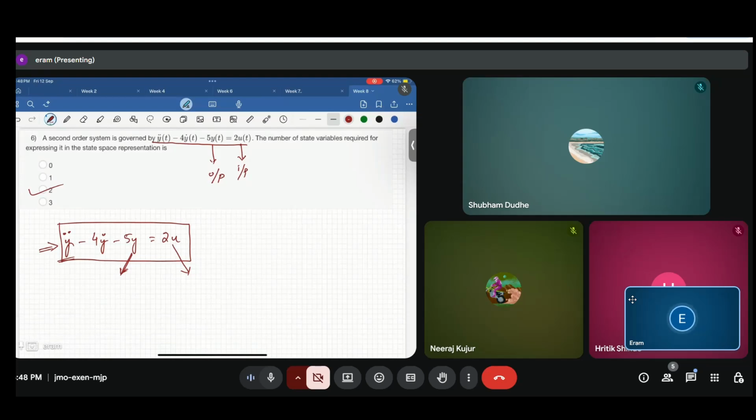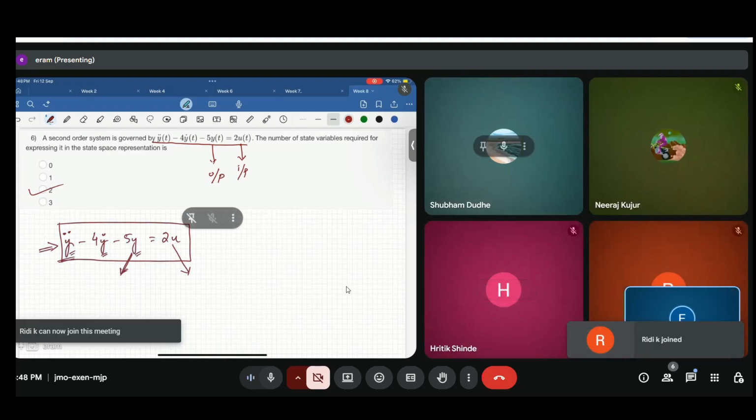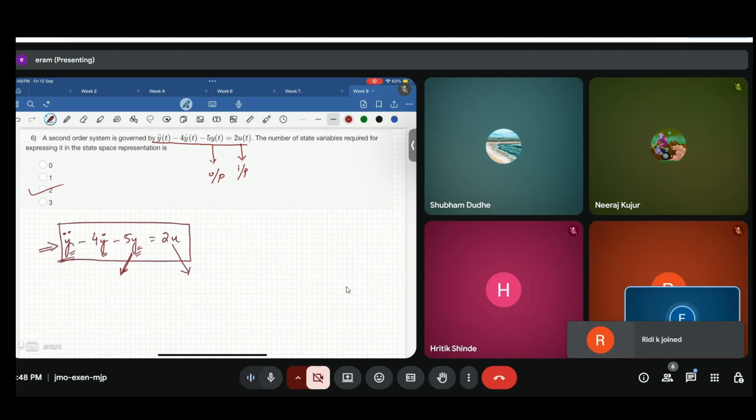Y is the variable of interest. This is our output, because this complete expression is with respect to y. These y dot and y double dot represent the system which is governed by this differential equation. So the system output is y, and it is governed by this law, right? So first we have identified the output, which is nothing but y.